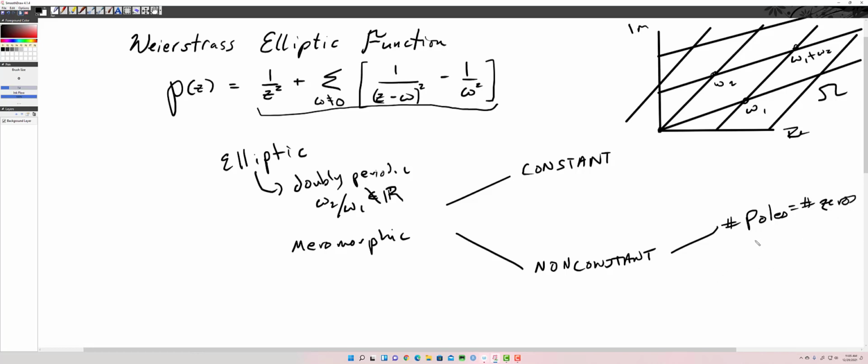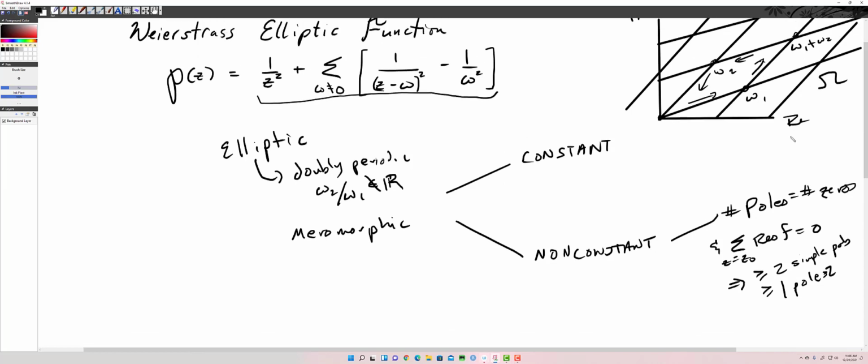And further on this poles thing, if we integrate the elliptic function f around one of these parallelograms, we find that the integral around the parallelogram is 0, which means the sum of the residues at the poles is 0, which implies that there's at least two simple poles, or at least one pole of order 2 or greater, okay?